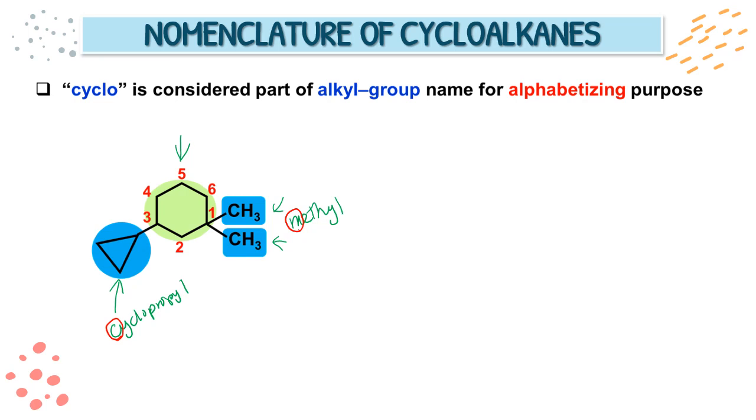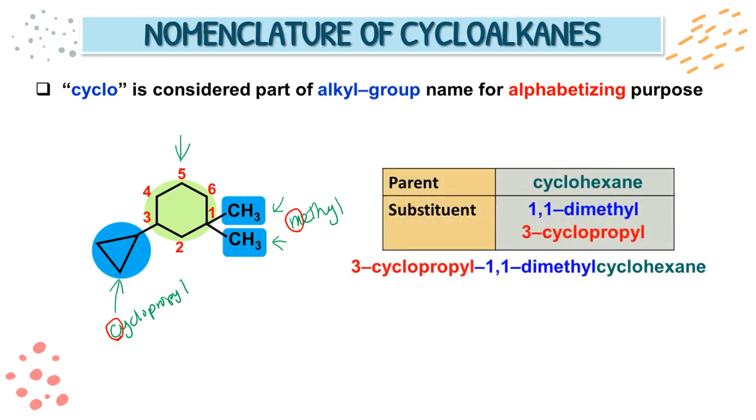So when we are writing down the name, the parent name will be cyclohexane because we have 6 carbons over here, and then we give number 1 to this carbon because it has 2 substituents. It has the most substituents, CH3, CH3, so that's why this is 1.